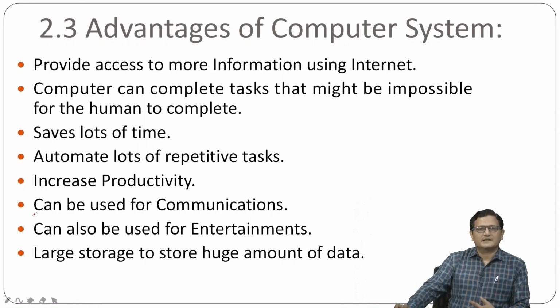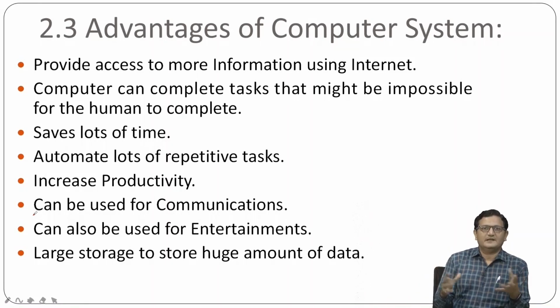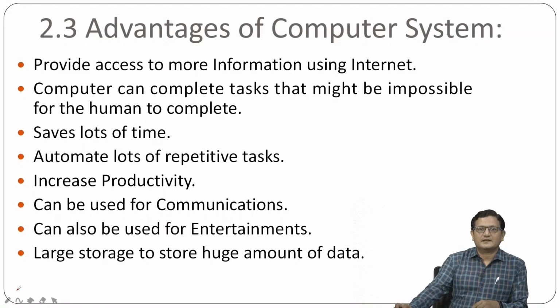If you connect your computer, laptop or mobile with the internet, you know what the internet is? The internet is an information superhighway, right. Lots of information is available on the internet. Once you connect your computer with the internet, you get more information. Anything you search on Google or on the internet, you will get it.